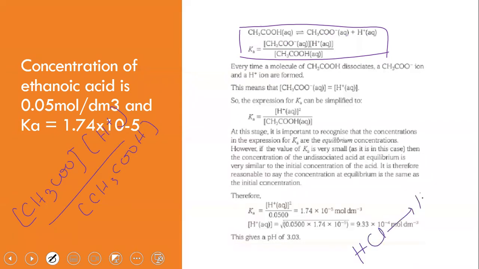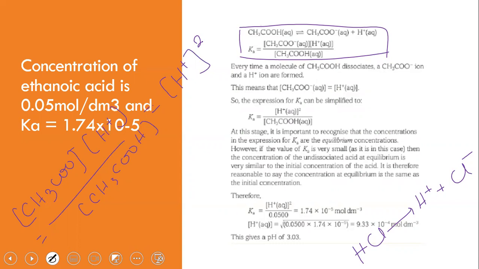Imagine if your HCl was the one that was dissociating. The amount of hydrogen and the amount of chlorine would be the same. It's a 1:1 ratio, so the amount of positive ions and negative ions are the same. So instead of writing them separately, we can write them together. Since the concentration of both is the same, I can simply write it as the concentration of hydrogen ions squared.